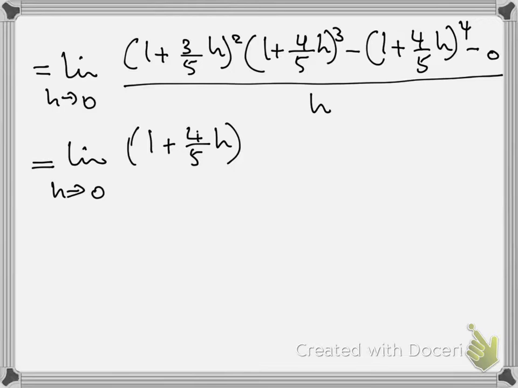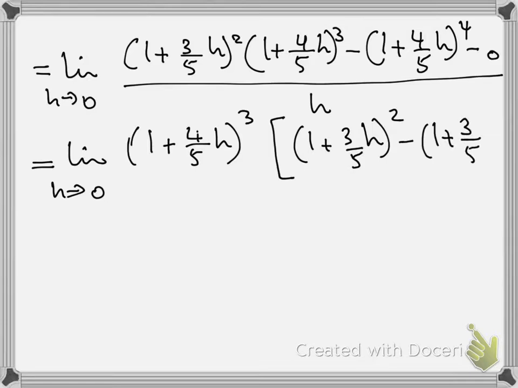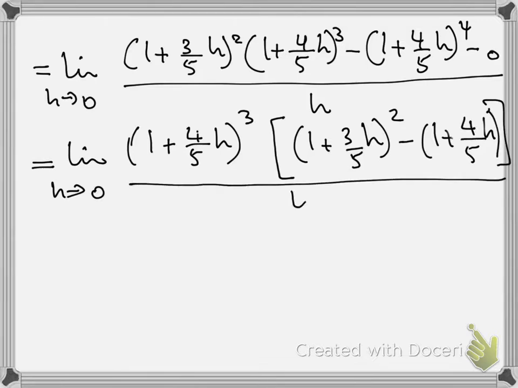We can factor out (1 + 4/5 h) cubed, times (1 + 3/5 h) squared minus, so here it's to the 4th, (1 + 4/5 h) to the 4th, so that's just (1 + 4/5 h), and the whole thing divided by h.